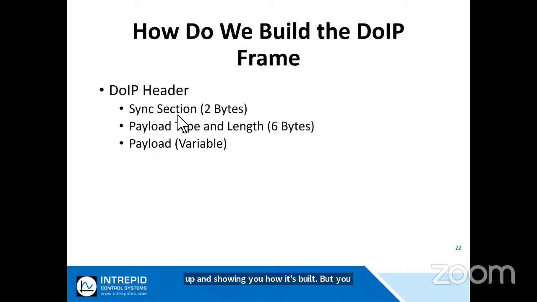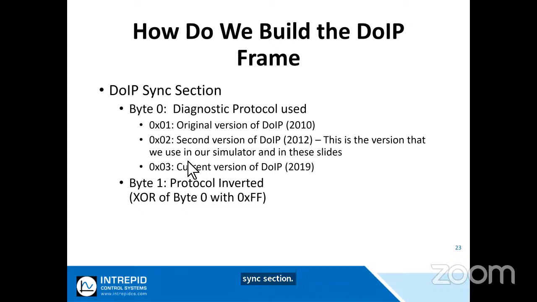But this section is really pretty straightforward. You've got byte 0, the very first byte, and that's the version of DoIP. Basically, the original version, if you put hex 1 in there, is the 2010 version.